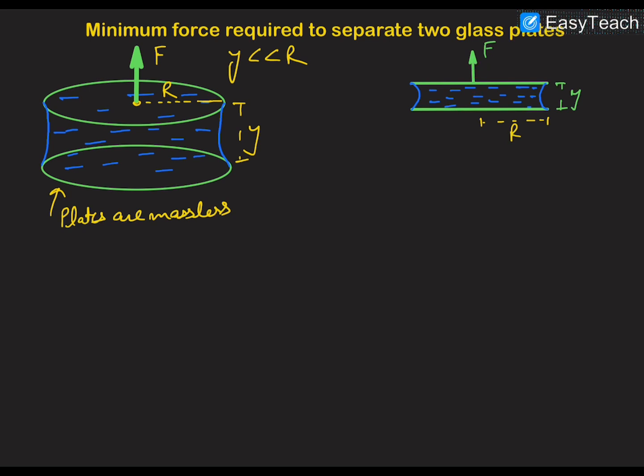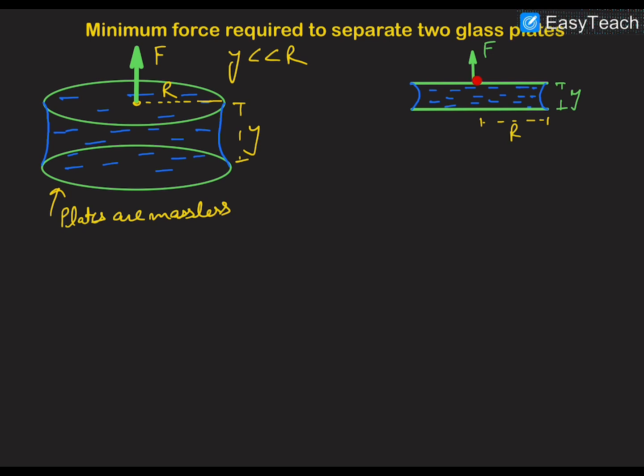The situation in this problem is that there are two massless plates, and the lower plate and the upper plate have the same dimensions and they are circular. The radius of each plate is r, and the lower plate is fixed on the ground. There is a liquid film, a liquid layer, on the lower plate, and the upper plate is kept on that.